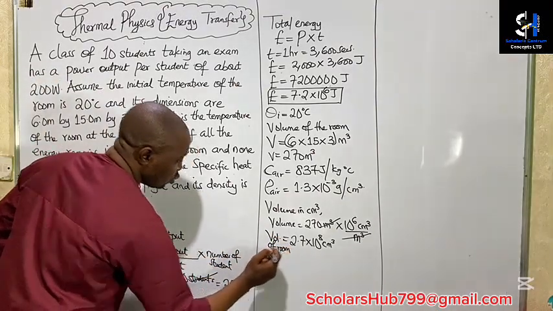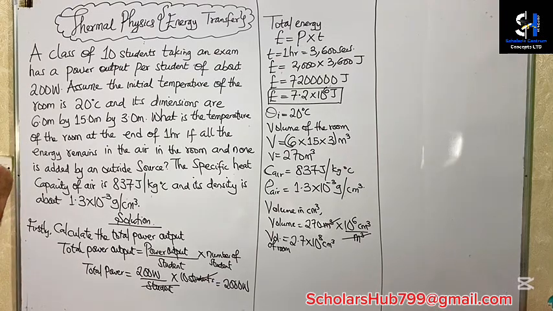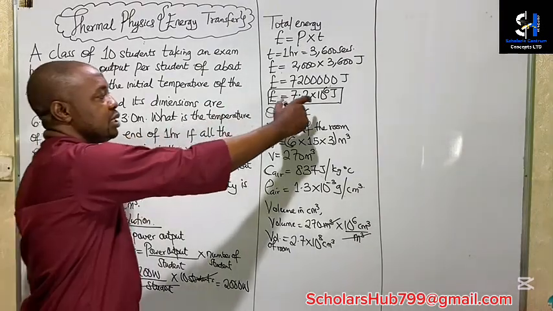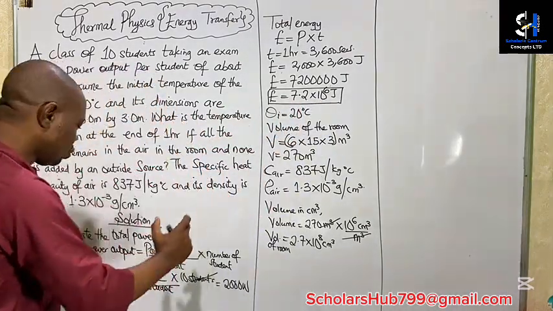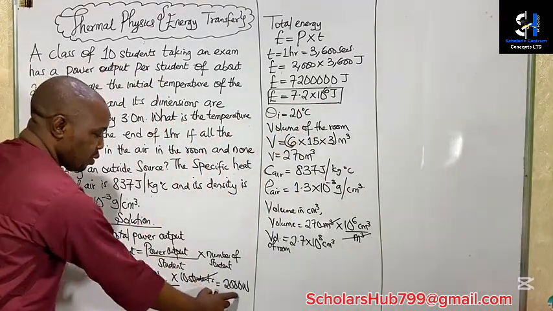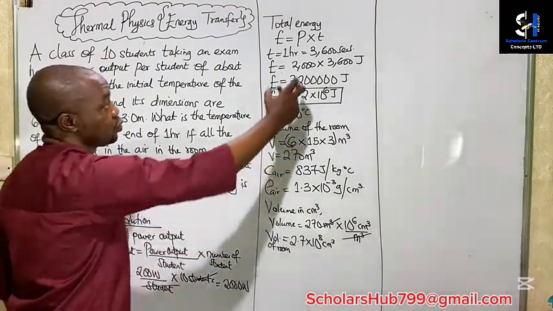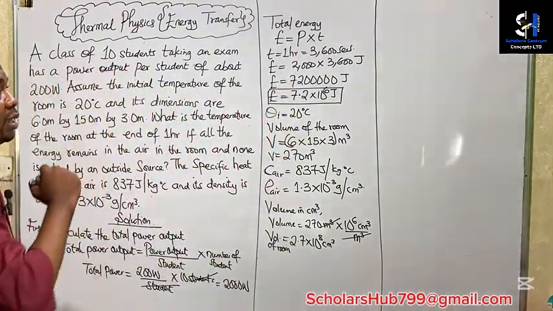All right, so now, because we want to calculate the temperature of the room at the end of 1 hour, we've been able to calculate the total power, and we use the total power to calculate the total energy.